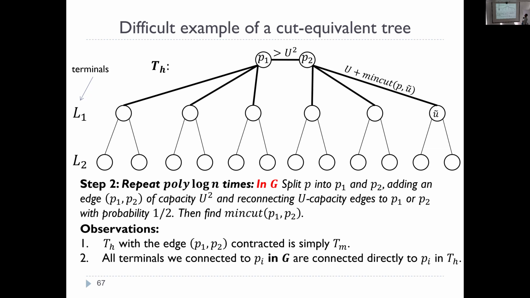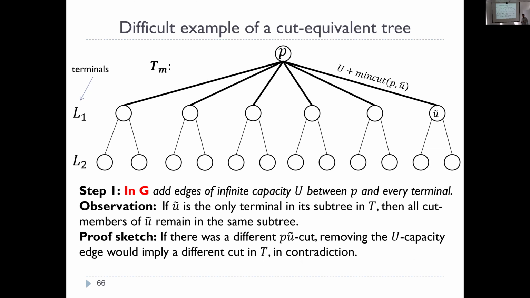After you did that, you find the minimum cut between P1 and P2. And this is one step. You repeat that polylog n times. Again, we have two observations here. The first one is that the Gomory-Hu tree of the graph after this second modification, with this new edge P1, P2 constructed, is just the previous Gomory-Hu tree.